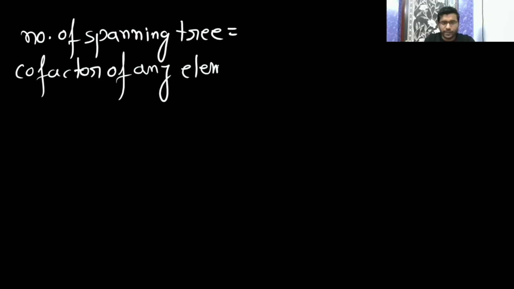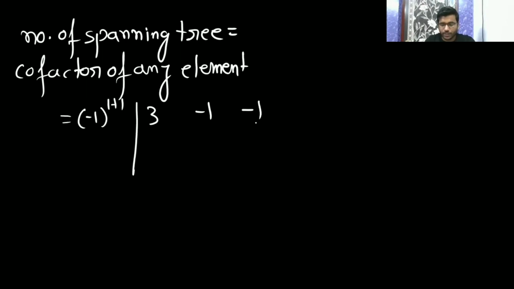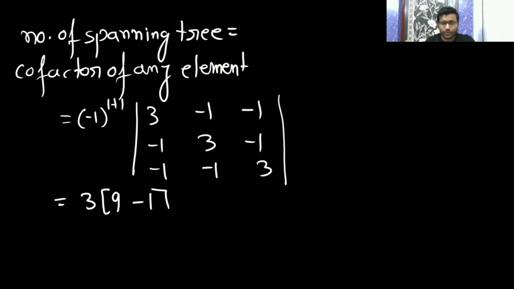So you take the cofactor of the first element, you will get -1 to the power 1 plus 1, 3 -1 -1, -1 3 -1, -1 -1 3. Okay, so you are going to get here 3 times 9 -1. Now I am doing, so here it's going to be -1. This went here, you are getting directly. I'm doing -3 minus plus 1.